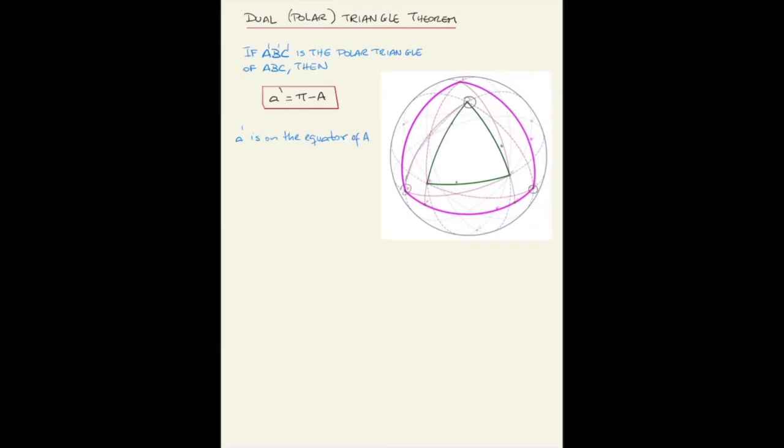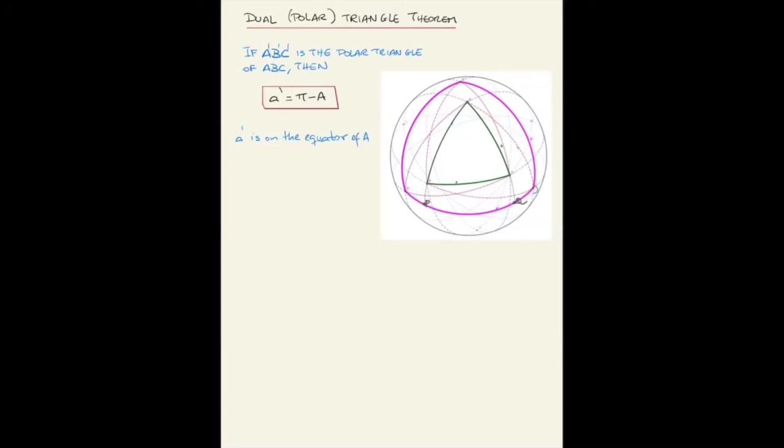If this is a 90-degree arc and this is a 90-degree arc, then, being the poles, this side here, A prime, must be an equator. So we can prolong the arc AB until it hits the equator at the point P, and prolong the arc AC until it hits the equator at the point Q.